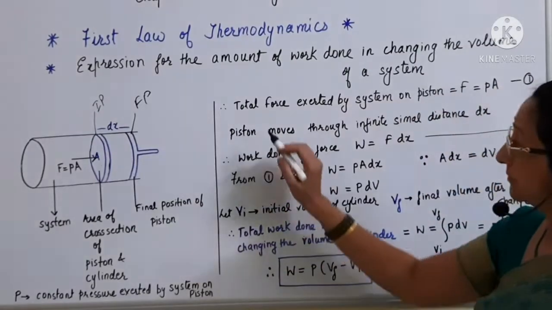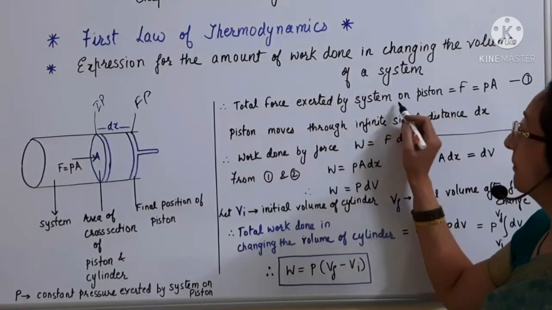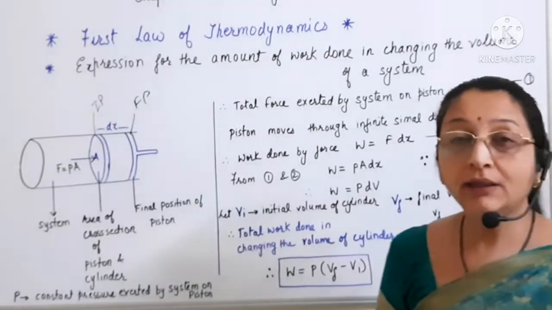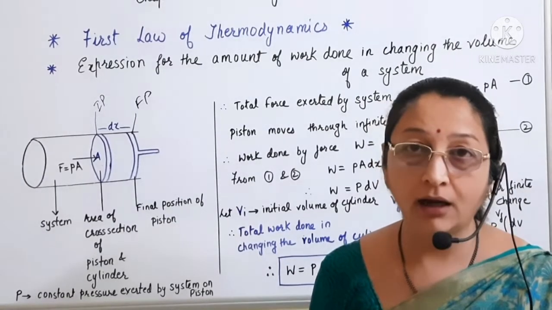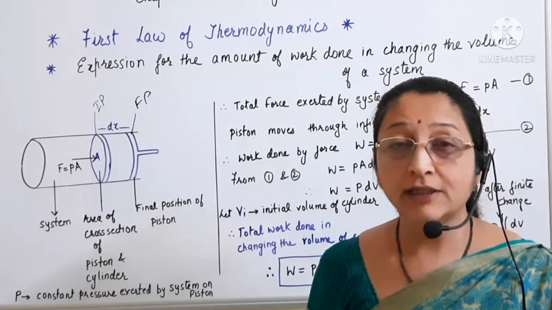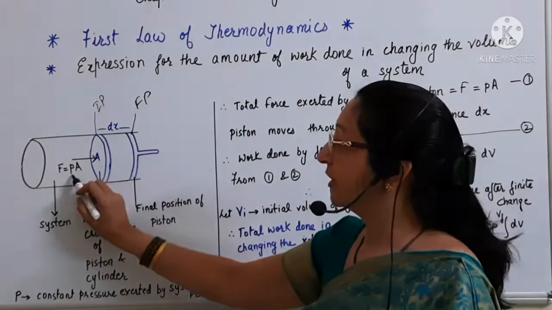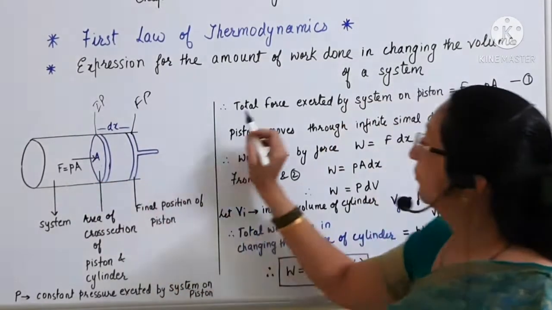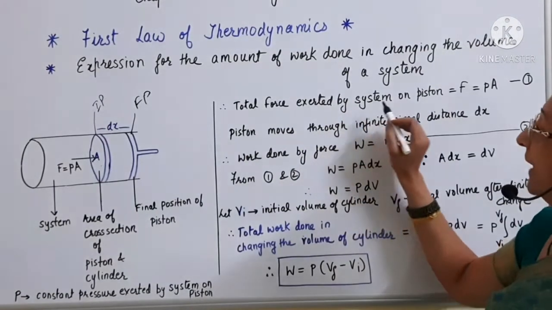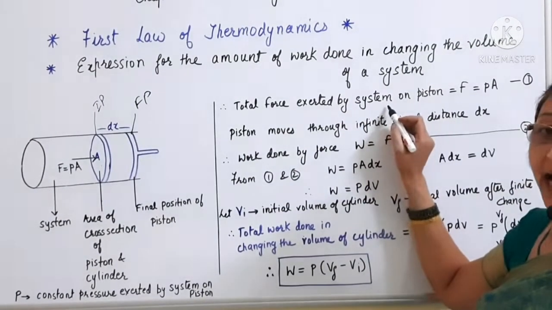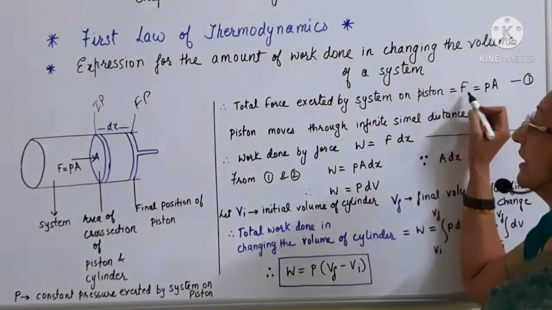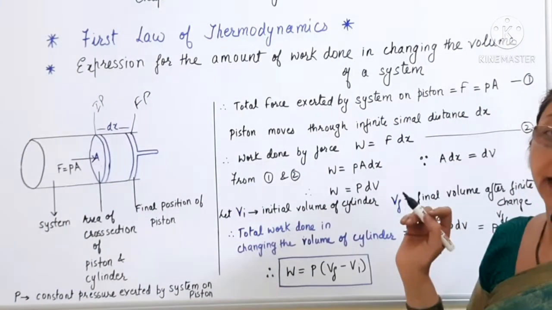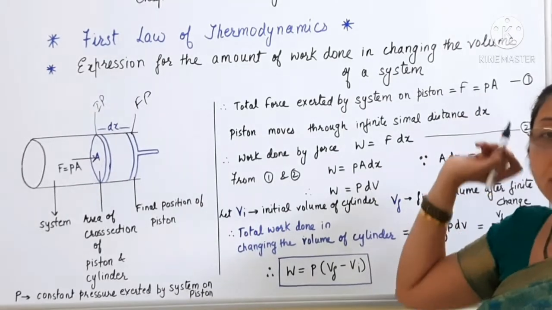So the total force exerted by the system on the piston: we know that pressure is equal to force upon area, so force is equal to pressure into area. So the force exerted by the gas inside the cylinder on the piston is F equals P into A. We take this as equation 1.